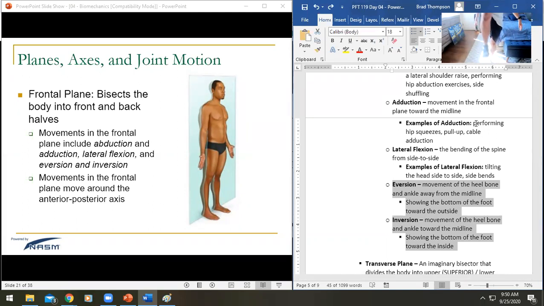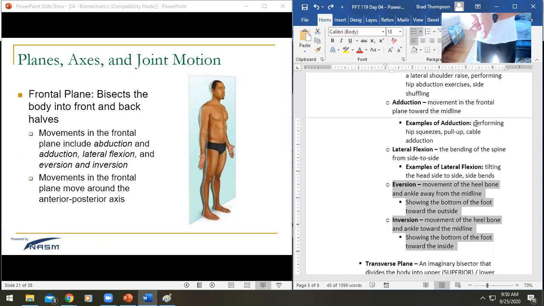Okay, so you've got inversion, where you notice that I'm showing the bottom of my foot towards my midline. And then I've got eversion, where I'm showing the bottom of my foot towards the outside. So inversion, eversion, inversion, eversion. Your ankle moves, bottom of the foot this way, that's inverted.